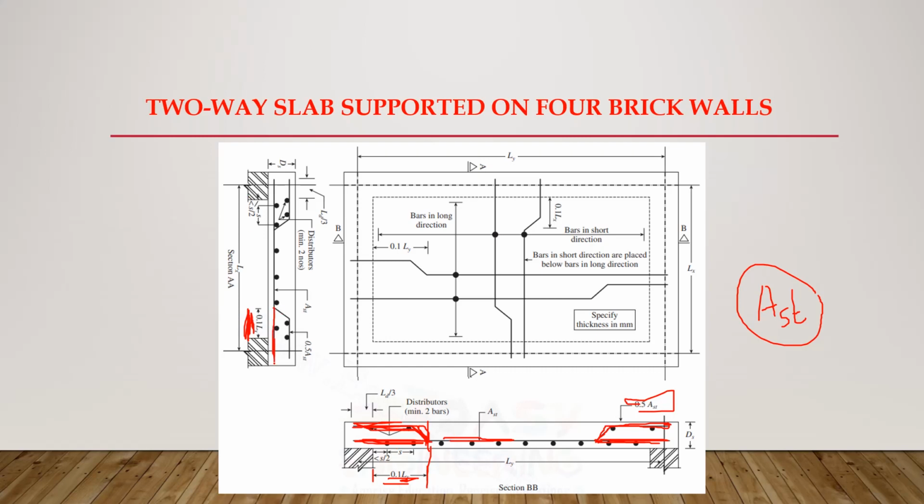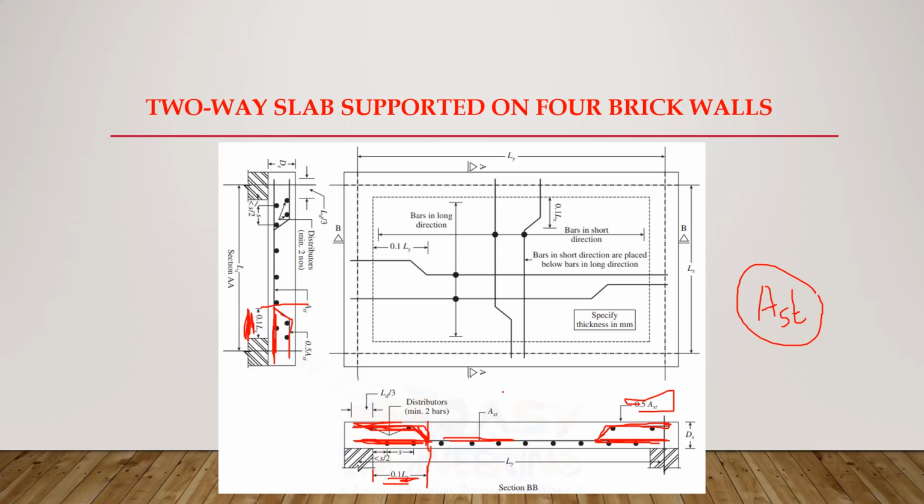50% of the bar is extended into the supports, which is this bottom bar, and the remaining 50%, after it has reached a minimum distance of 0.1 times Lx, that means here that 50% bar is cranked to the top portion. So three main points to remember here.